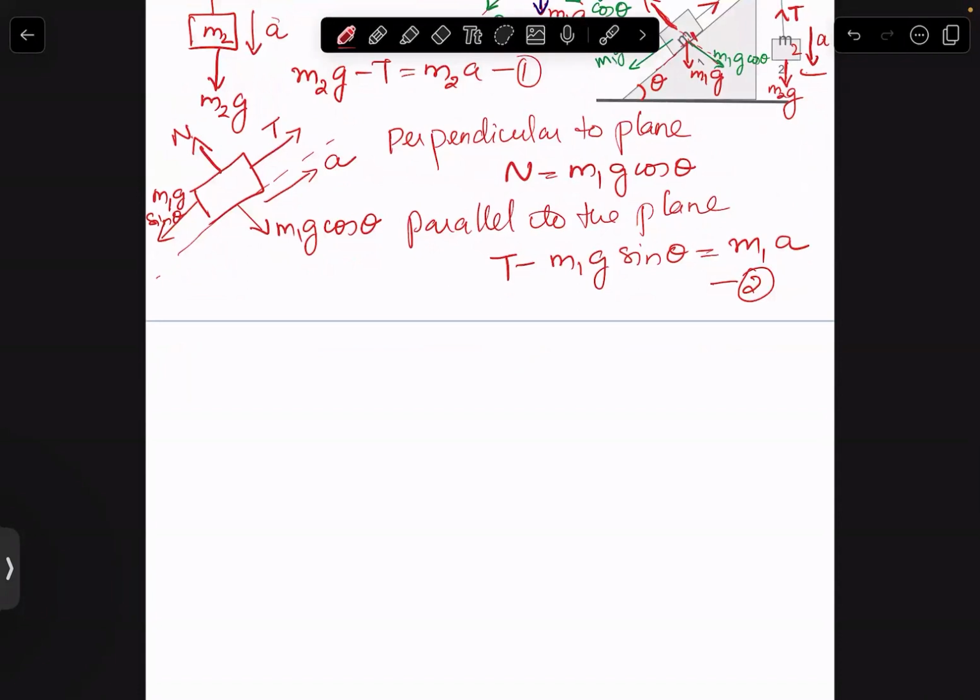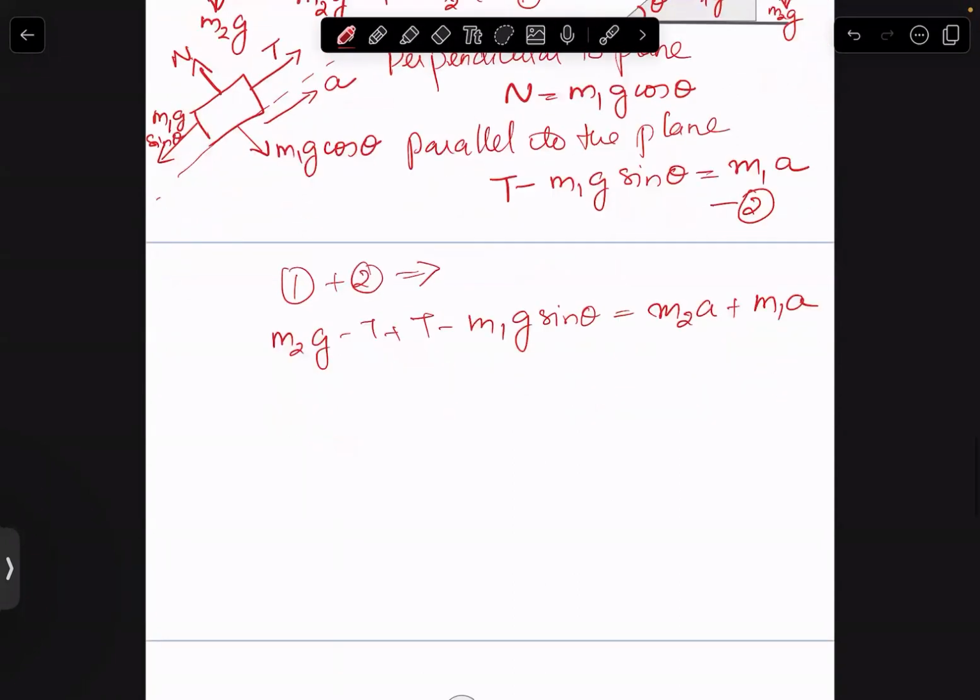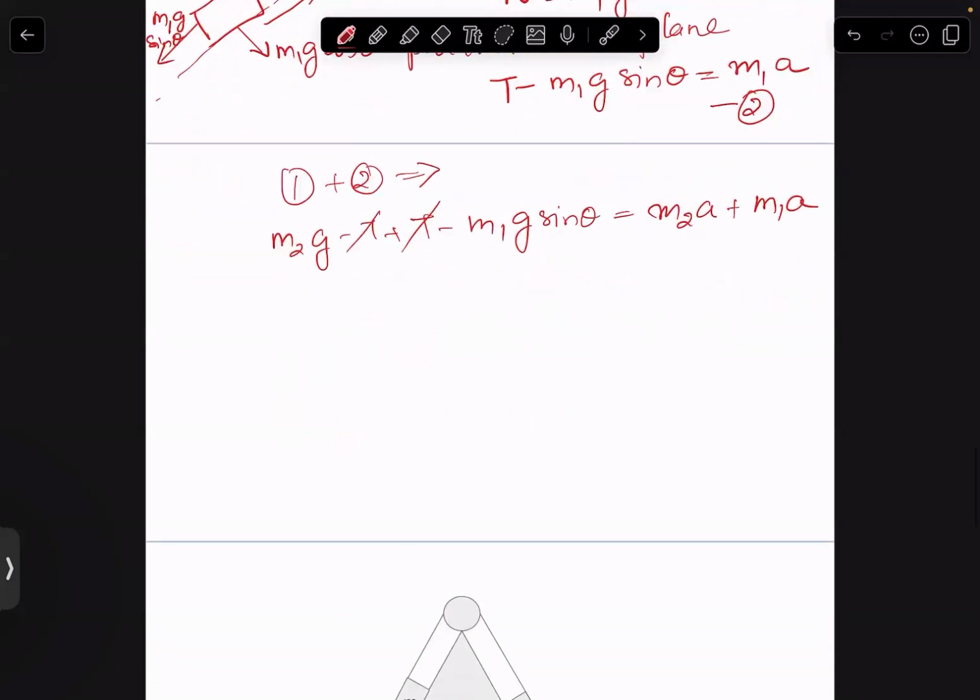What will you do? You can simply add these 2 equations. You will get m2g minus T plus T minus m1g sine theta equal to m2a plus m1a. This T and this T will get cancelled. m2g minus m1g sine theta is equal to m2 plus m1 times a.